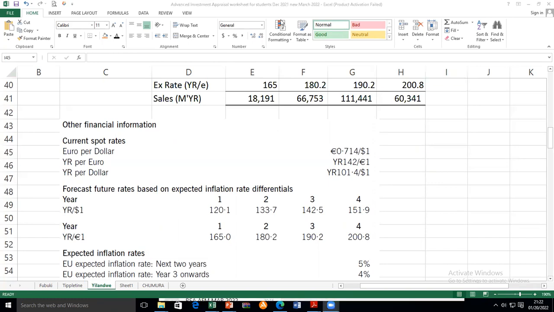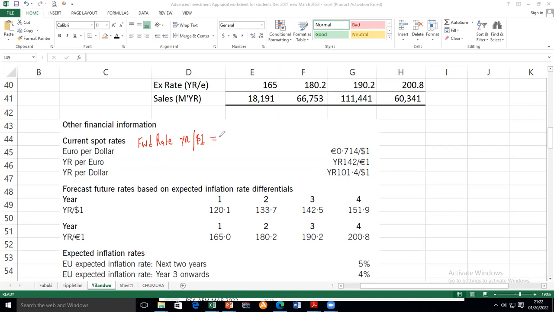Meaning, to calculate a forward rate, like in our case, your rate is Y rand on a single USD.